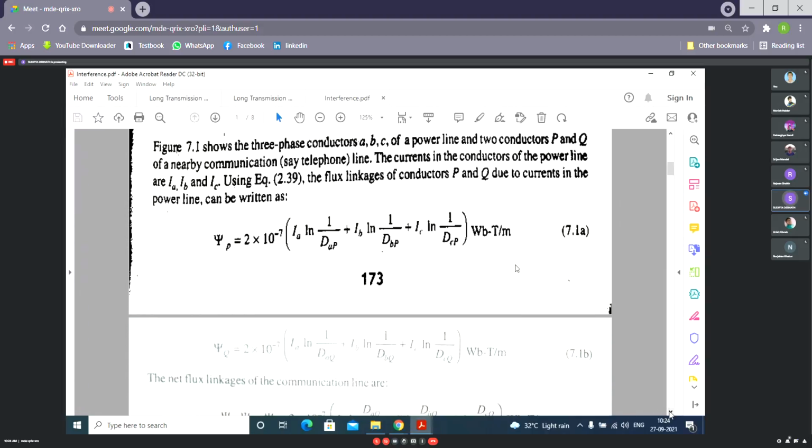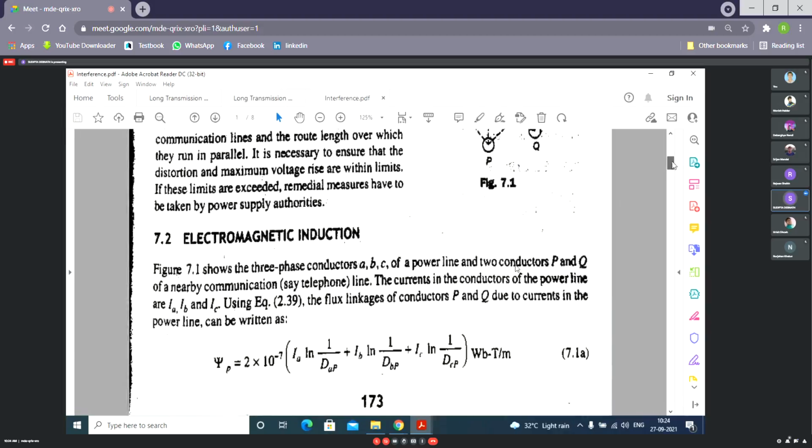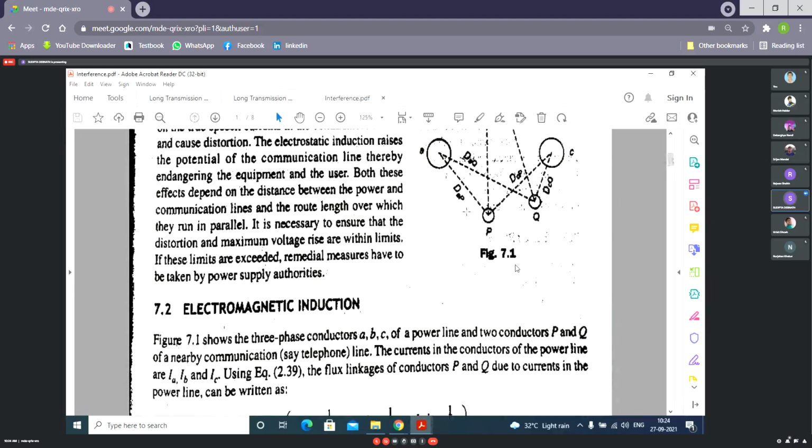Now the net flux linkage in the communication lines will be psi P minus psi Q. We can understand because the flux linkage, if it is in this way, this will be this way.